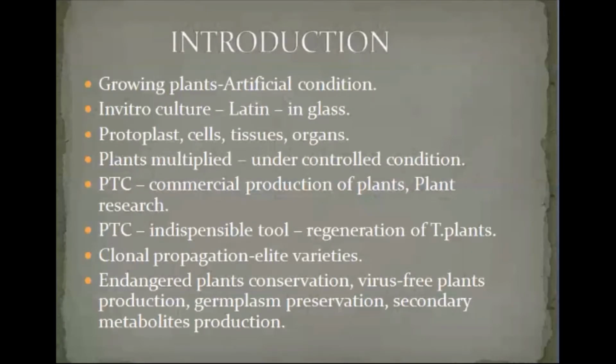Instead of that, an artificial medium is provided for the growth of the plant species. So that is called an artificial condition. Growing plants on an artificial medium under artificial conditions is called plant tissue culture, or culturing of tissues. Okay, tissue culture.